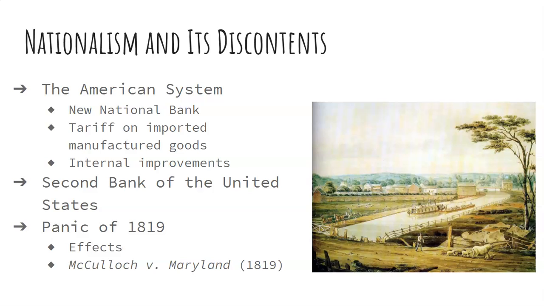This led to the rise of a young generation of Republicans, with people at the helm by the names of Henry Clay and John C. Calhoun, who would become very famous later on. They really believed that the infant industries of manufacturing in the United States deserved national protection.